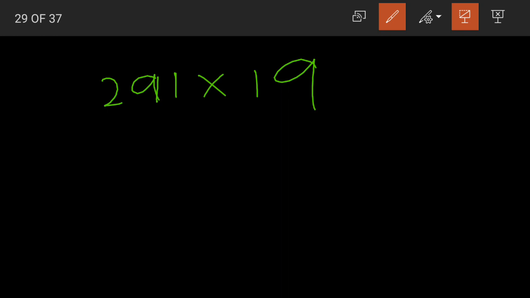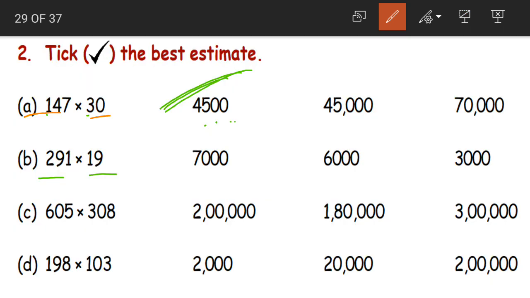See children, for this here they did not exactly give us whether to estimate to the nearest tens or hundreds. Yes, so depending on the option you need to understand whether you need to estimate to the nearest tens or hundreds. First, if you want, you can estimate to the nearest tens and see.